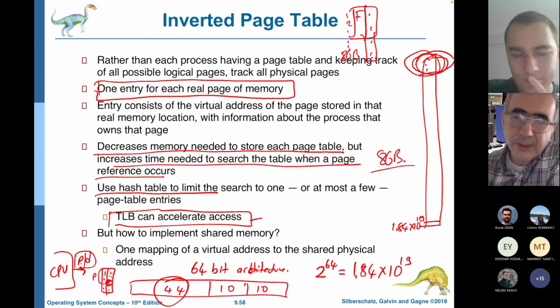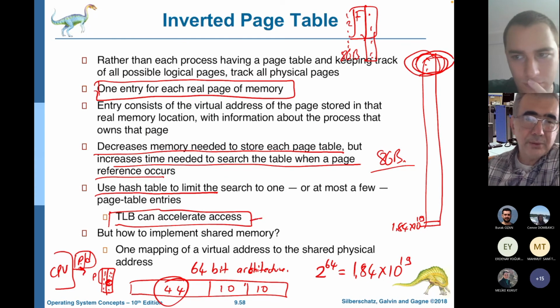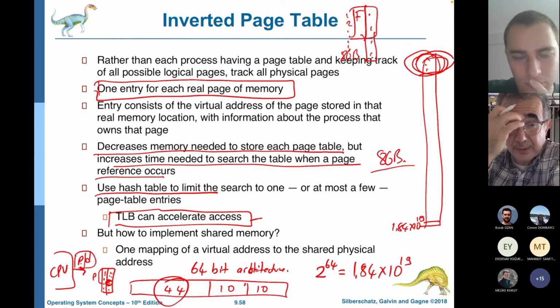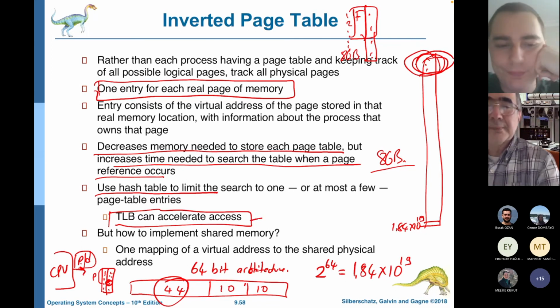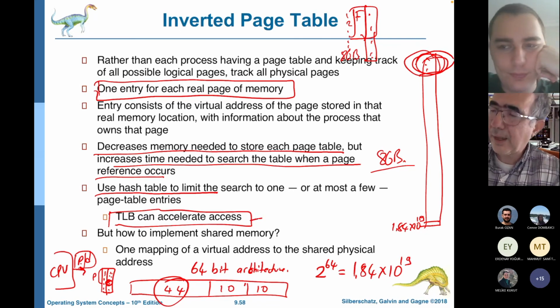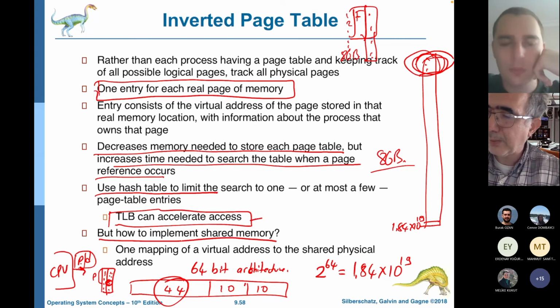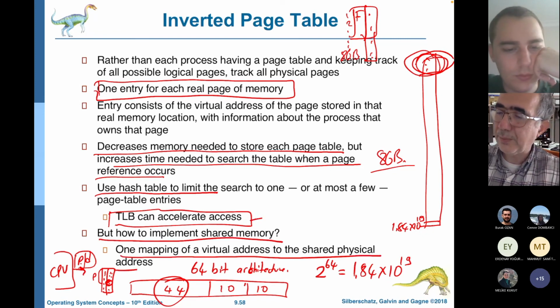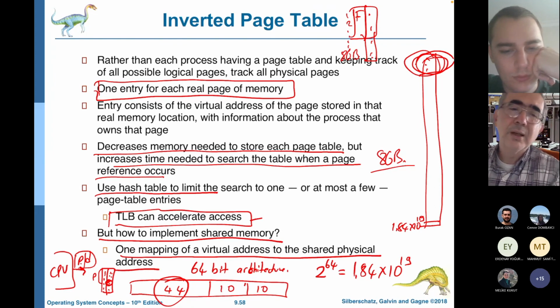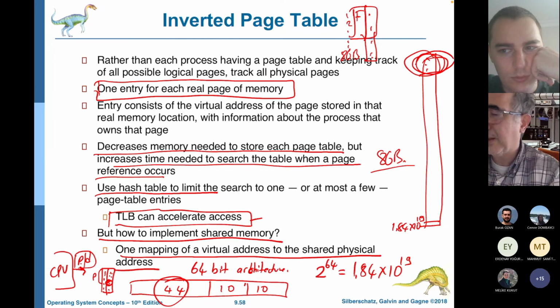Furthermore, associative memory can be used. And that answers your question, how to implement shared memory. You need to keep track of what you share in addition.